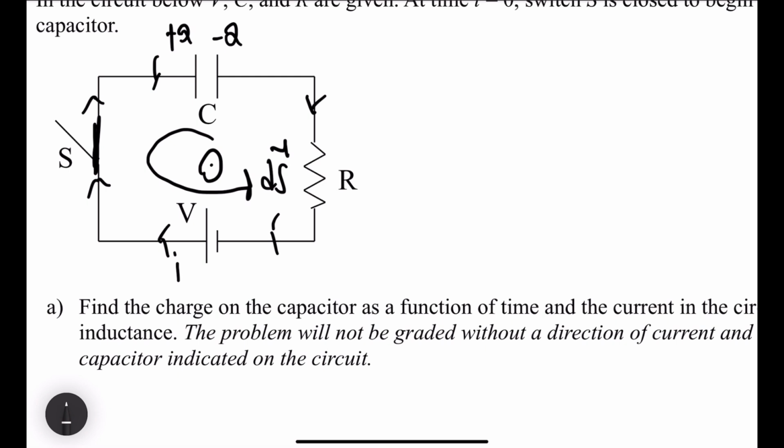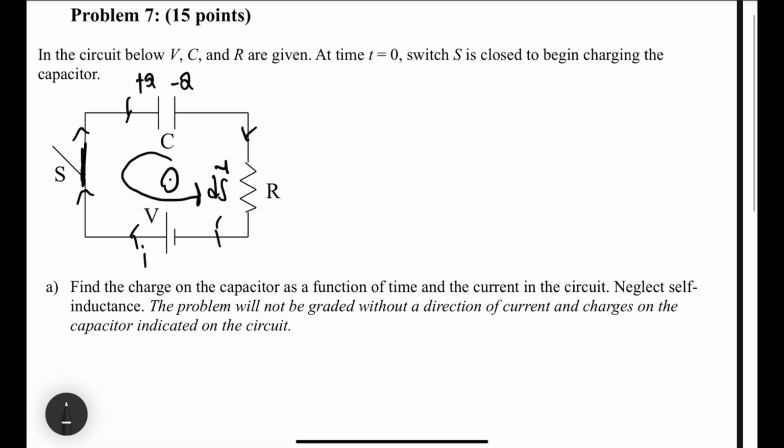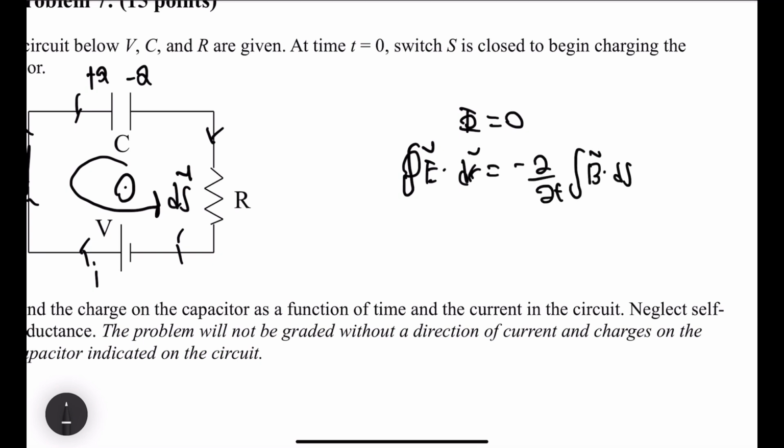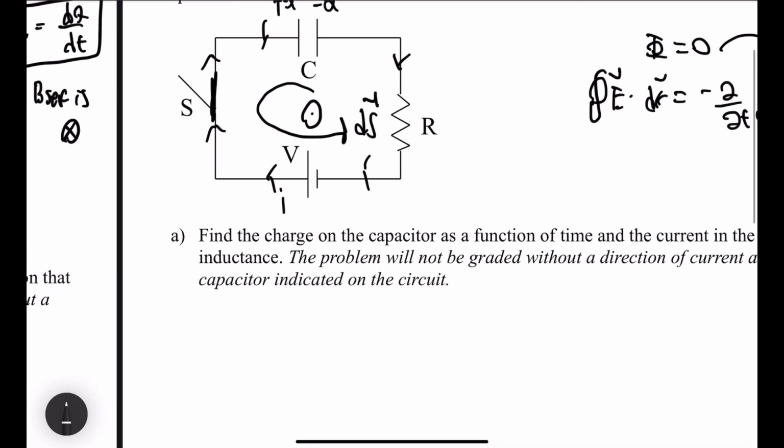So in this case, there's no external magnetic field, and we're ignoring self-inductance, so the flux here is going to equal 0. And again, we're using Faraday's law, so E dot dr is equal to negative partial with respect to time, B dot ds. But this is 0, so we don't really care about that. So now we just go around the loop.